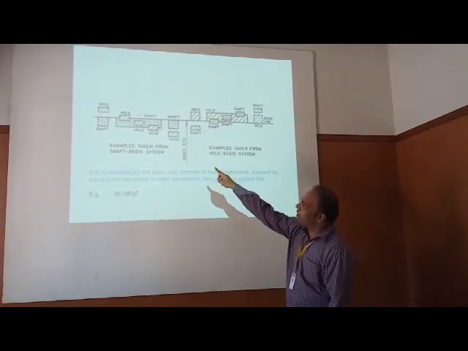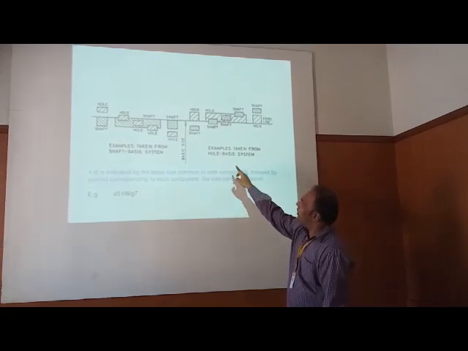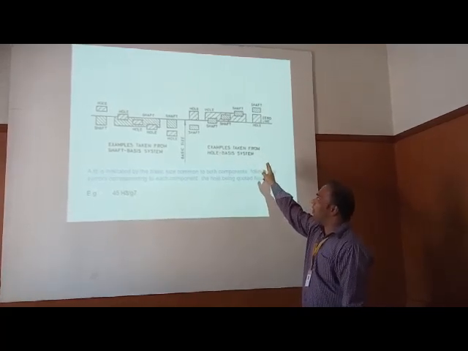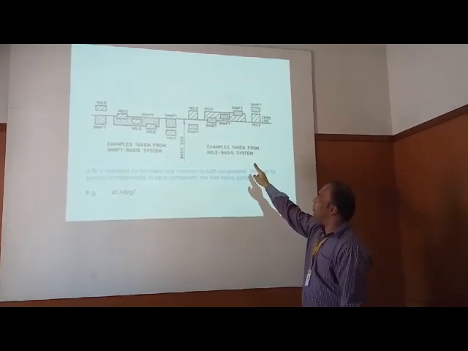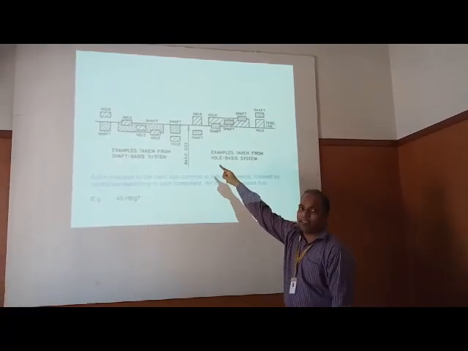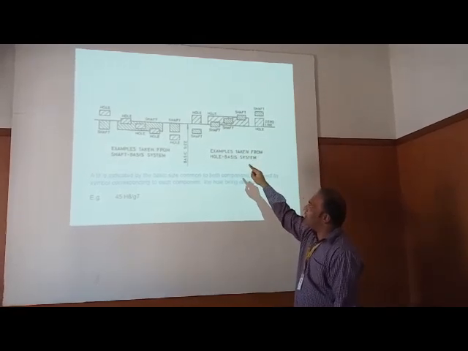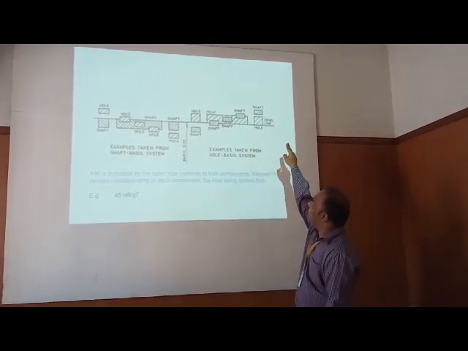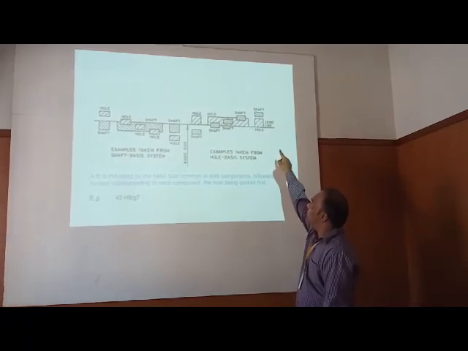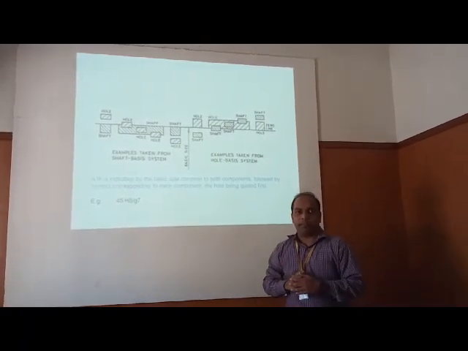In the second point, the example is taken from the shaft basis system, whereas on the right side, examples have been taken from the hole basis system. The basic size has been denoted in the diagram. The hole and shaft basis system is gradually on the increasing side, where the zero line separates the shaft and hole system. Next.